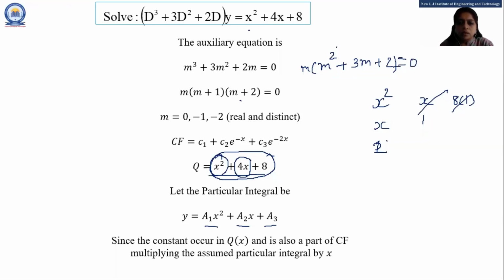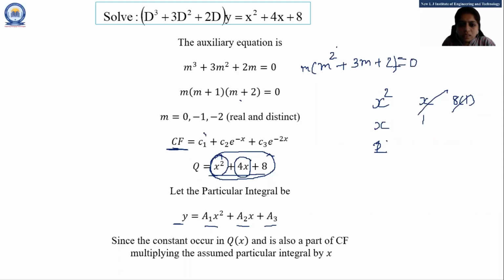Okay. So see, one thing is there. What is the condition? Our condition is there should be no common term between the assumed particular integral and the complementary function. Is there any common term between this CF and this assumed particular integral? See, yes, there is one common term.